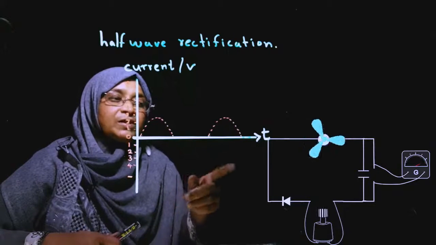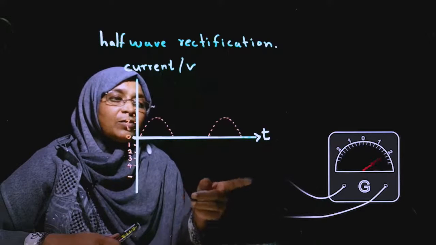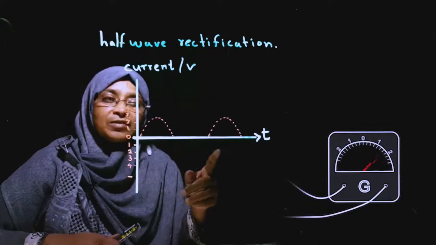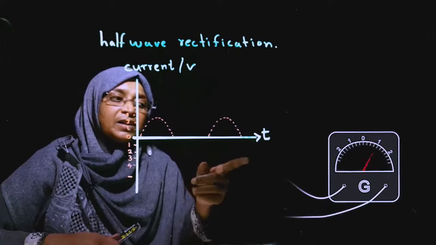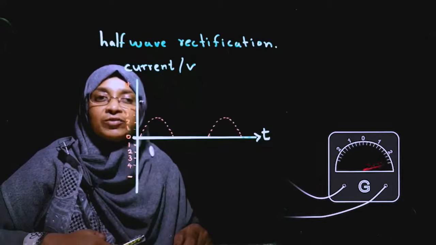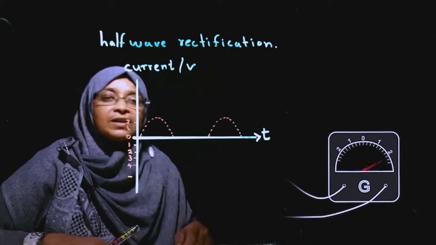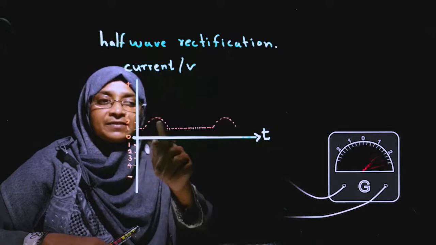You can observe that the galvanometer indicator now does not come to 0. It is coming to about 1. So, there is a current continuously supplied by the capacitor. So, our graph will be changed like this.